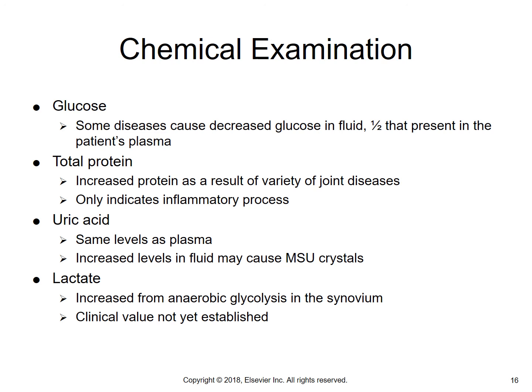Normally total protein is about one third of that of blood, and an increased amount can happen due to changes in permeability, especially during inflammation in joint diseases. Lactate can be increased due to anaerobic glycolysis with severe inflammatory conditions because there's increased demand for energy, and tissue hypoxia can occur.